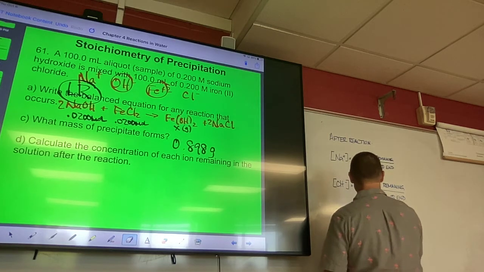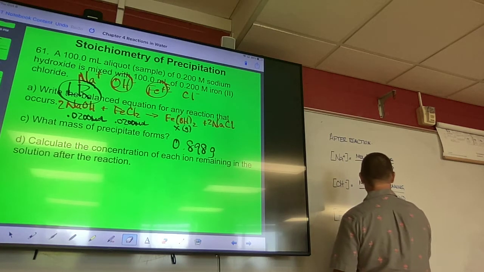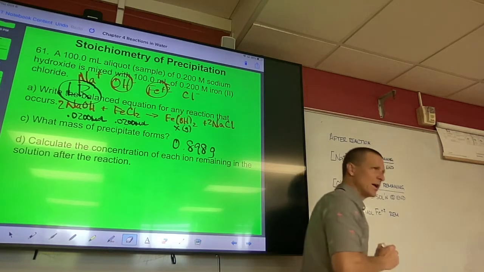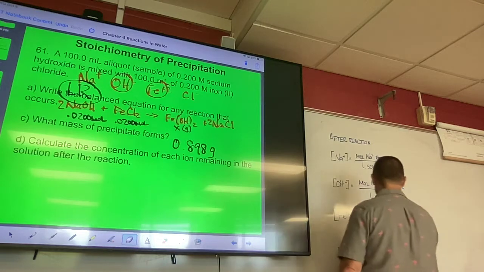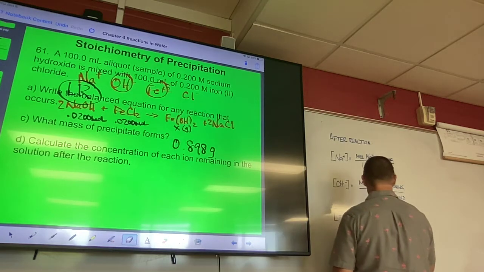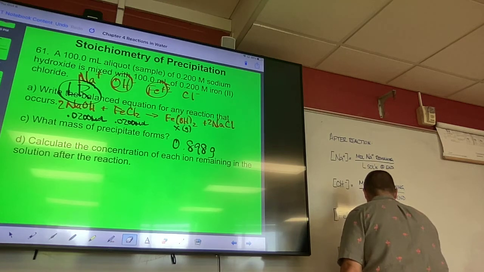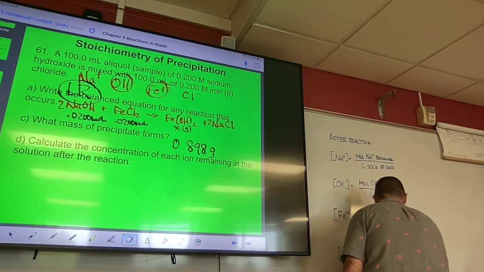Same thing for the iron. Moles of Fe that remain, I'll just put REM for remaining, I'm tired of writing all that, divided by the liters of the solution at the end. And then the molarity of chloride, moles of Cl negative remaining, divided by liters of solution.